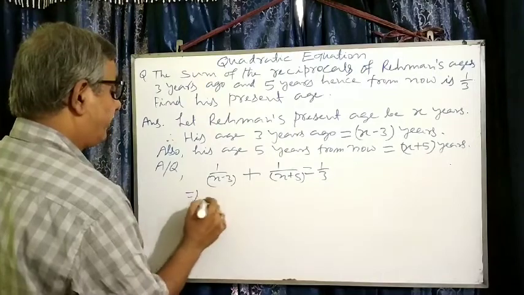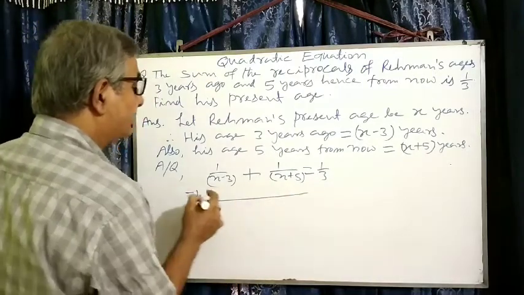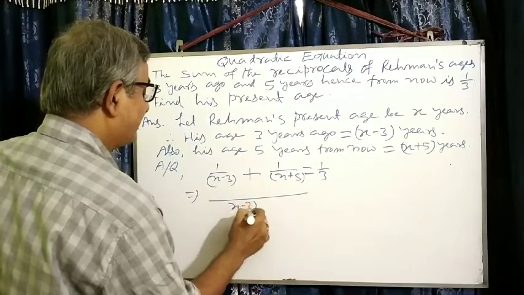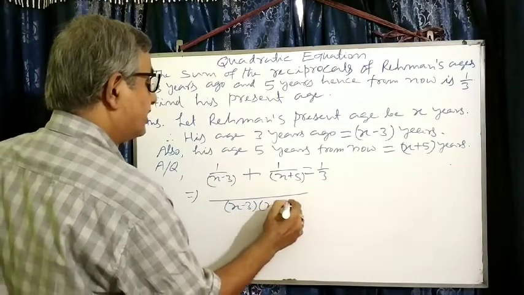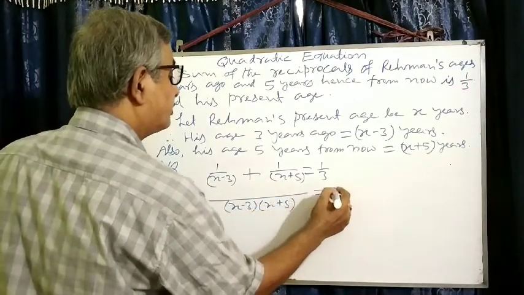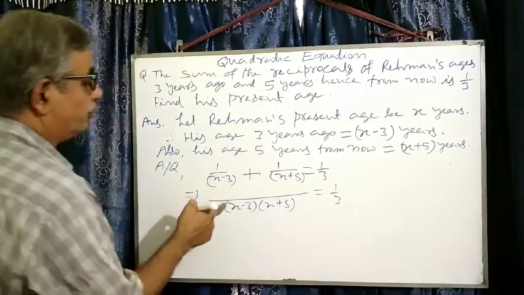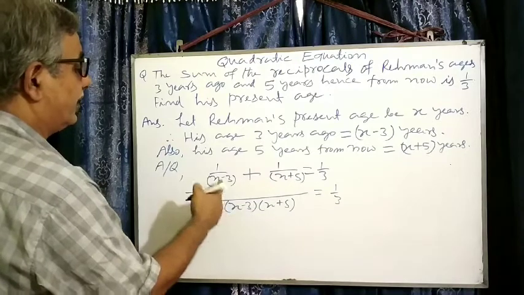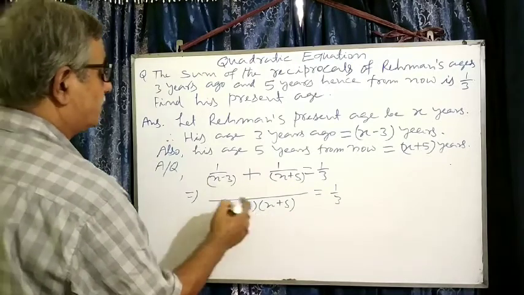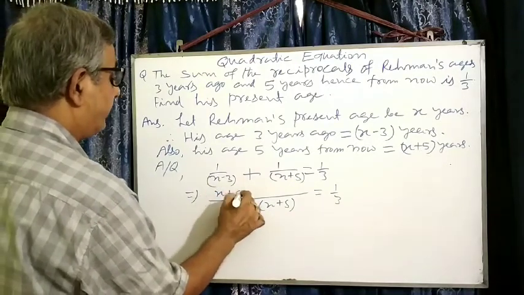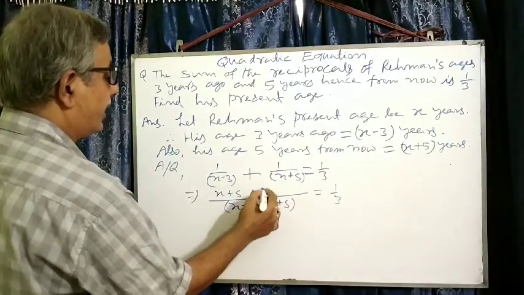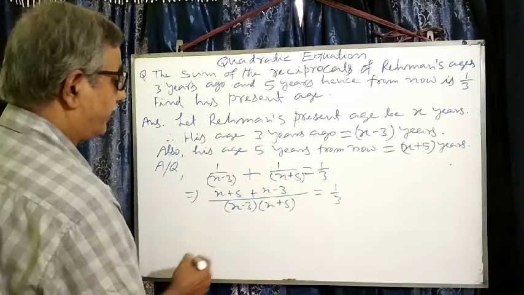Here you see, you take the LCM of x minus 3, x plus 5. You are getting x minus 3, x plus 5, that is equal to 1 by 3. Here you divide the denominator by x minus 3. x minus 3, x minus 3 cancels, so x plus 5. Here x plus 5 will be cancelled, so x minus 3 you are getting.